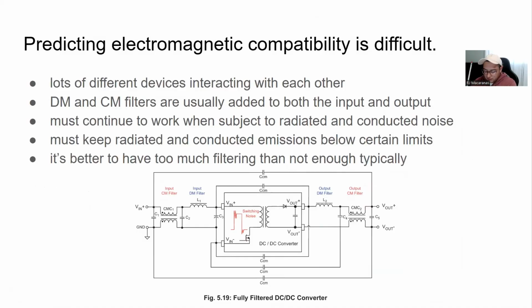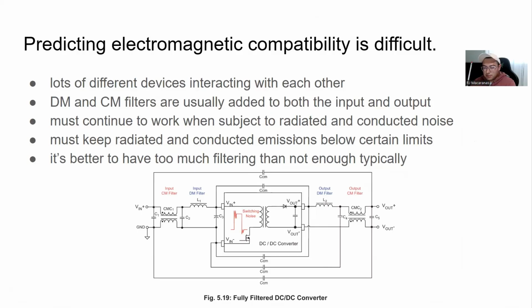And then I think this is the last slide I wanted to talk about. Predicting electromagnetic compatibility is difficult, right? We're always trying to meet certain requirements in terms of radiated and conducted emissions. Our DC to DC converter needs to work properly when it's subject to radiated and conducted noise.